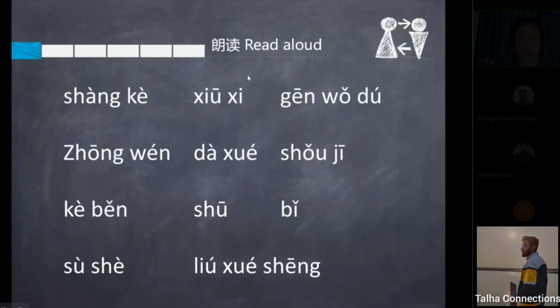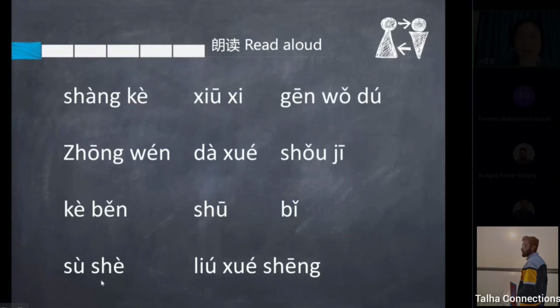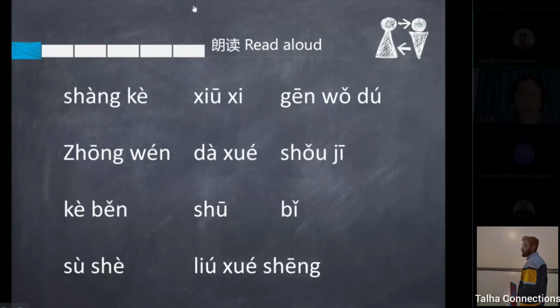The last one is fourth tone, so shè. Sù shè. Good.